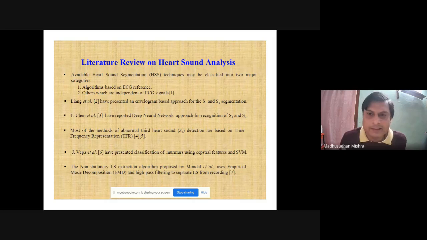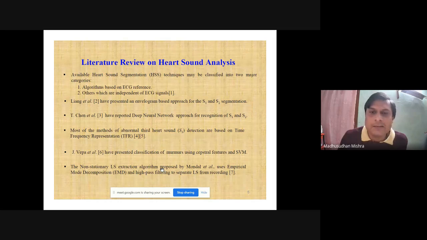Whenever somebody breathes and we want to hear that sound, both heart and lung sounds are present in that breathing signal. But a cardiologist may not be interested in the lung sounds, and the lung sound may interfere with the exact diagnosis in heart sound analysis.